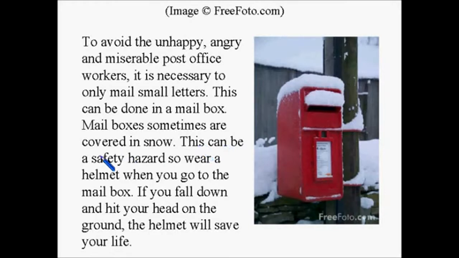This can be a safety hazard, so wear a helmet when you go to the mailbox. If you fall down and hit your head on the ground, the helmet will save your life.